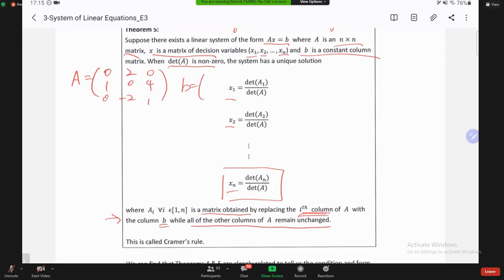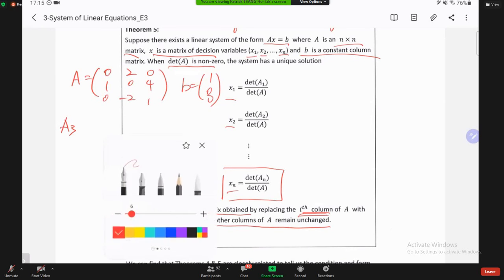Maybe B is 1, 0, 0, something like this. If we use A_i to denote the matrix obtained by replacing the ith column of the original matrix A with column B, what does that mean? Suppose I would like to find A subscript 3. That means the third column of A is going to be replaced by something else.